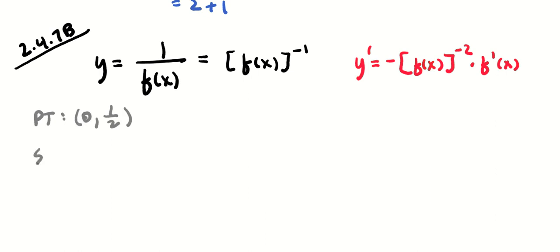The slope, I'm going to use f prime, y prime, so it's negative f of 0 to the negative second power, which is 1 over 4, times f prime of 0. What is f prime of 0? Oh, okay, they gave us a formula for f prime of x: sine of pi x plus x squared plus 3.